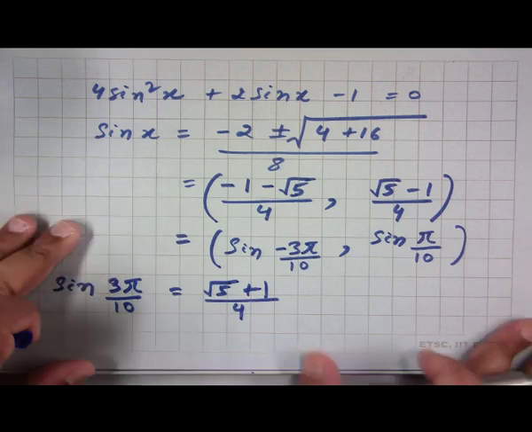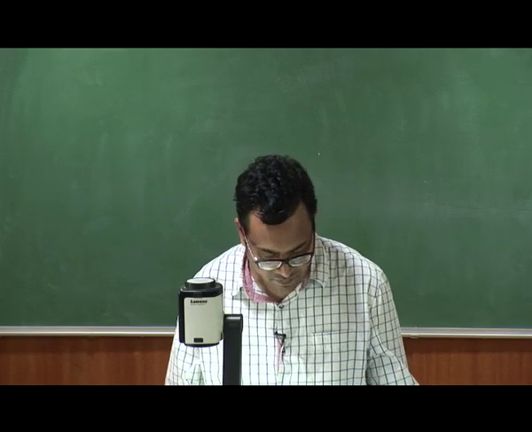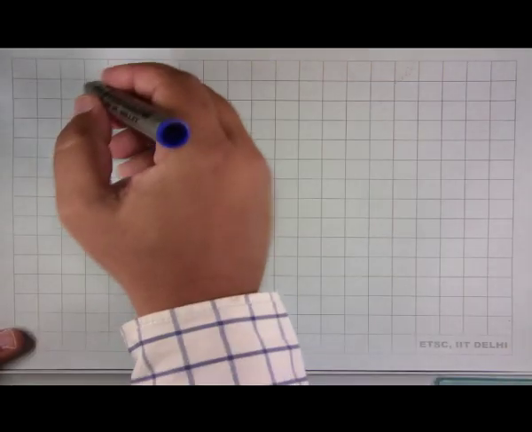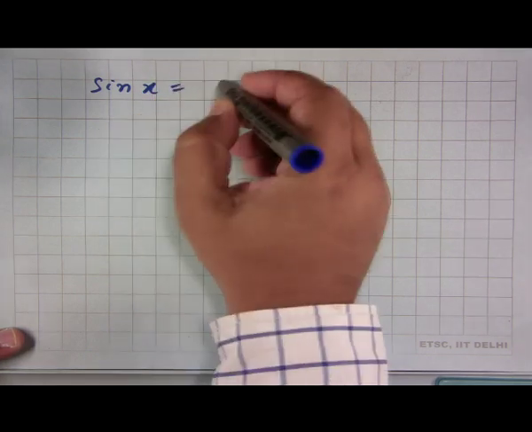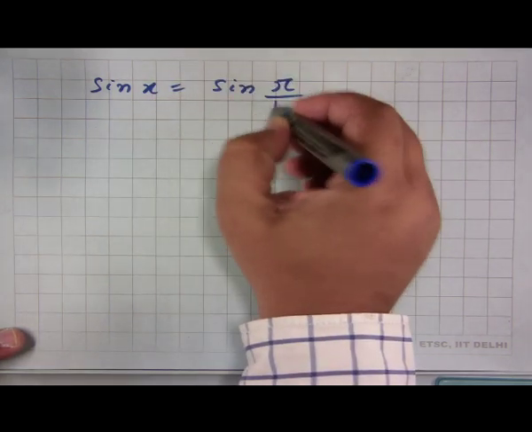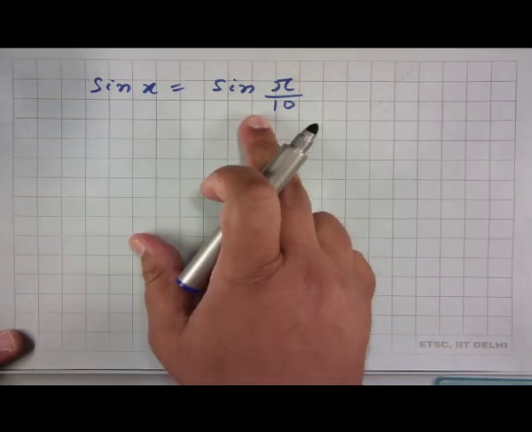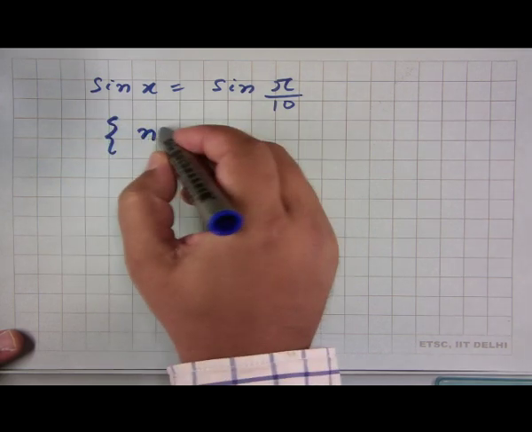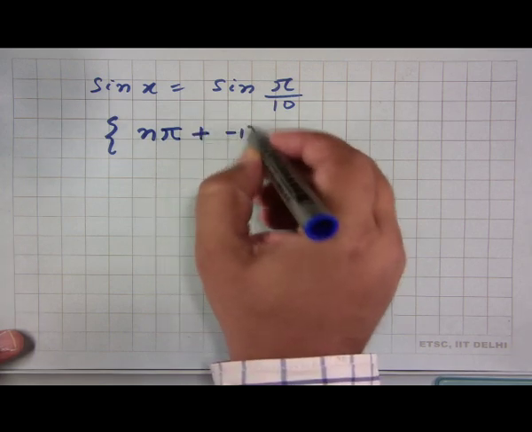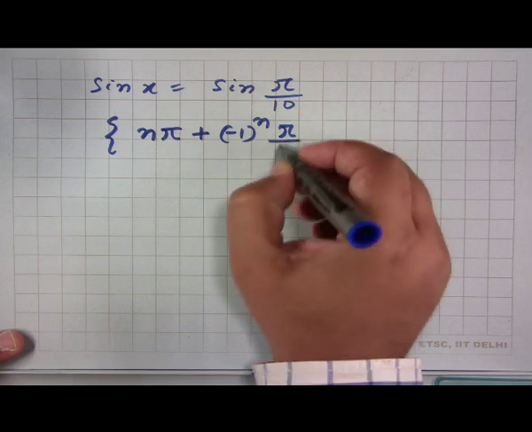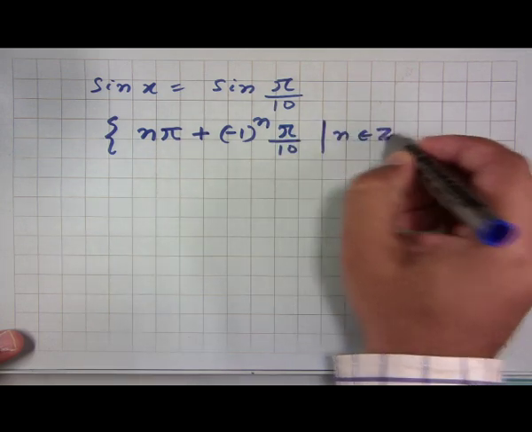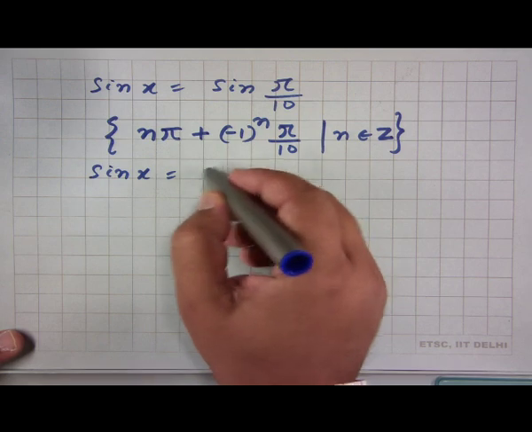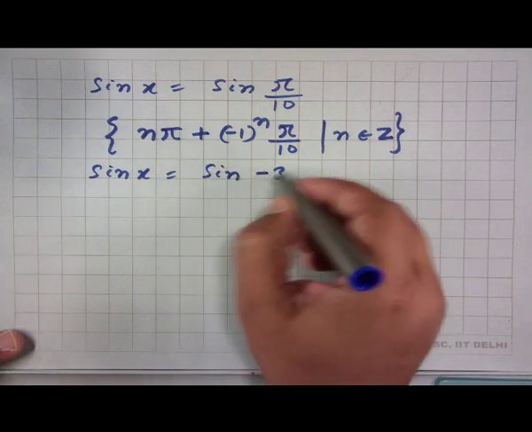So, from here, for this equation to hold, we should either have sin x equal to sin pi by 10. This is of the form sin x equal to sin y, and therefore, the general solution here is n pi plus minus 1 to the power of n times pi by 10, n being integer, and then for the other equation sin x equal to sin of minus 3 pi by 10.